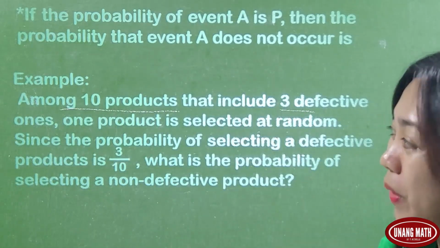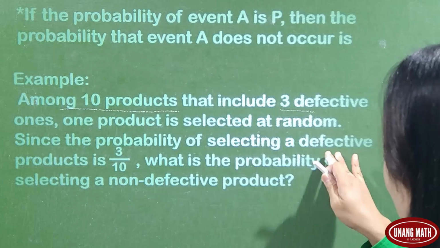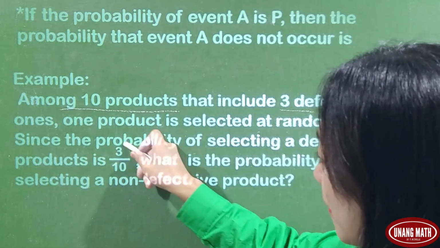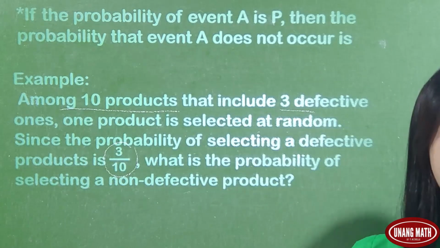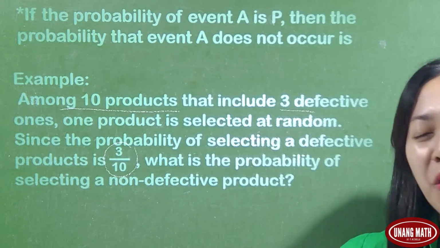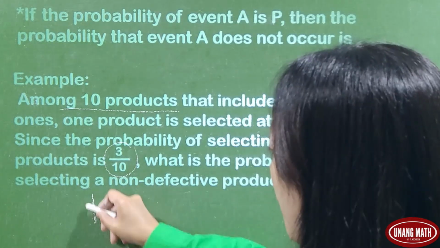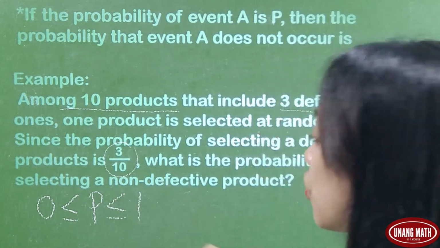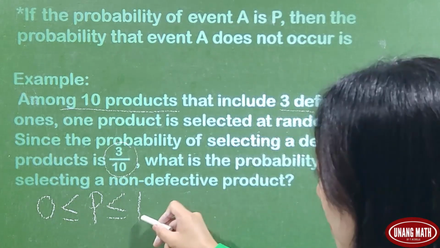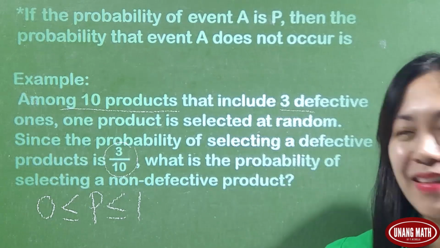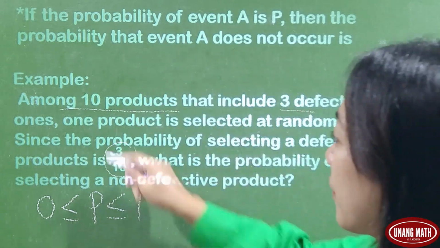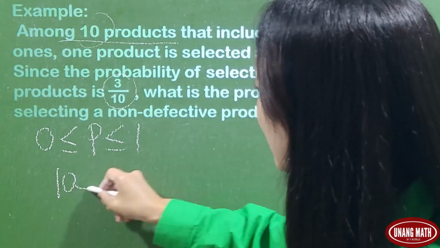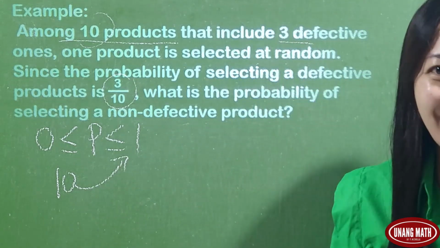So the probability of selecting a defective product is 3 over 10. We already know that probability ranges from 0 to 1. 1 here means 100%. So in this example, 10 is like 1.